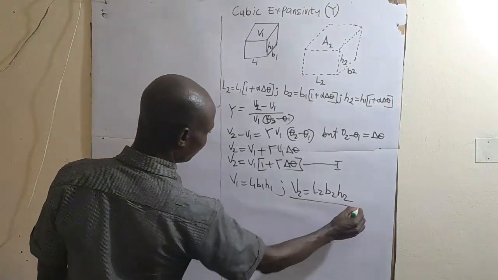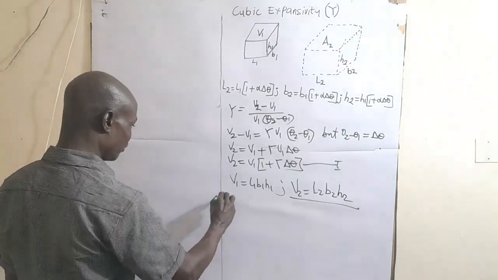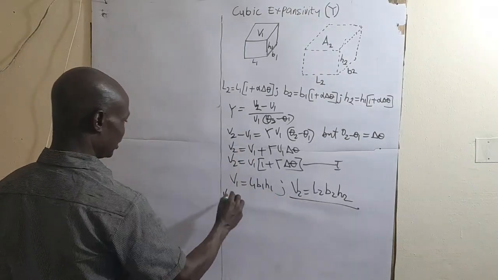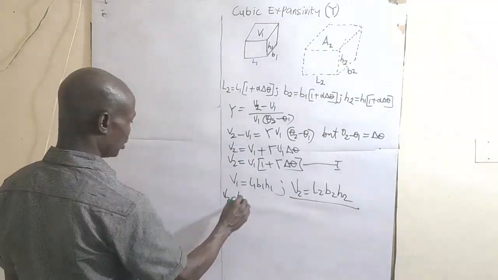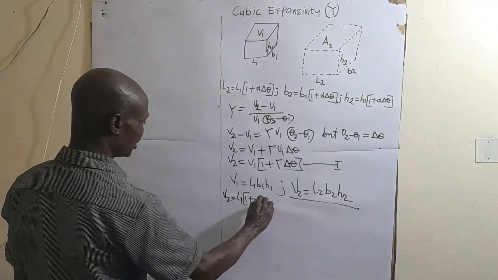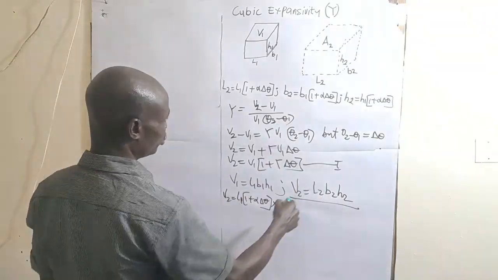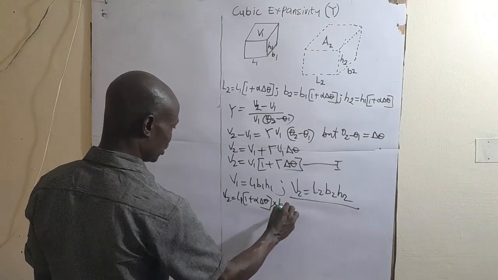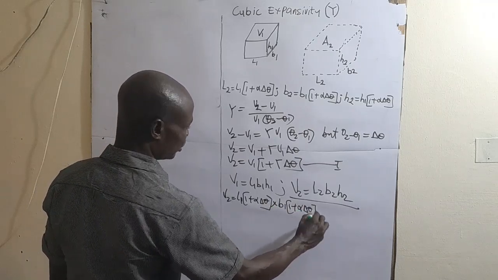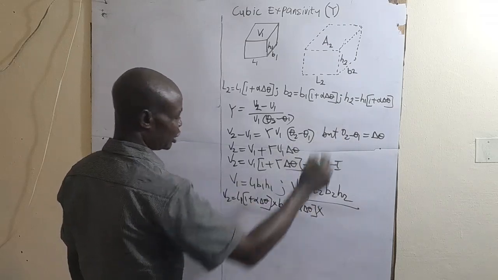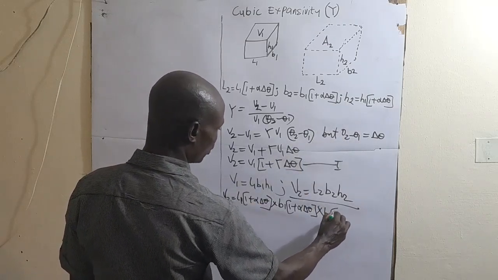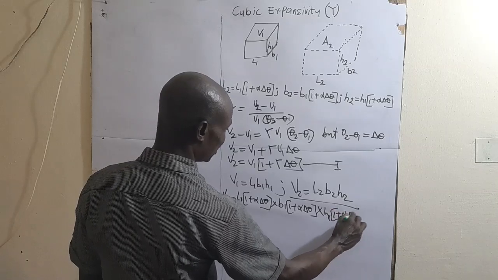So we now have that V2 is equal to L2, which is L1 bracket 1 plus alpha change in theta, multiplied by B2, which is B1 bracket 1 plus alpha change in theta, multiplied by H2, which is H1 bracket 1 plus alpha change in theta.